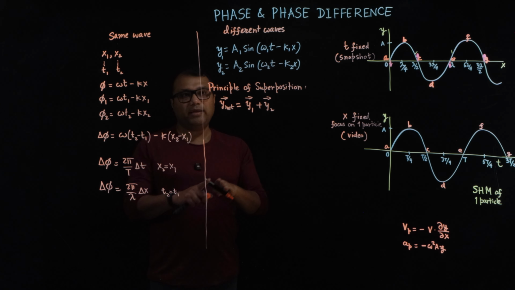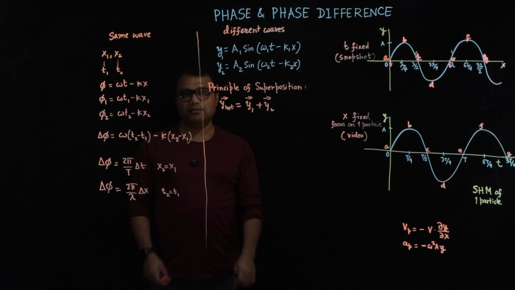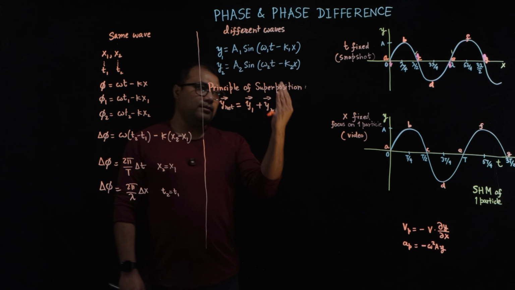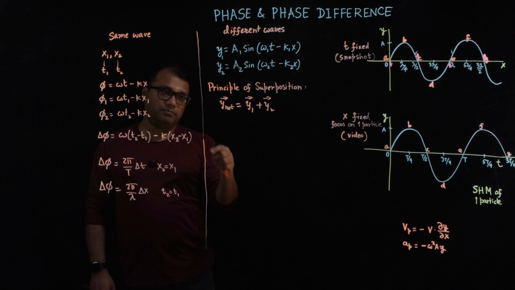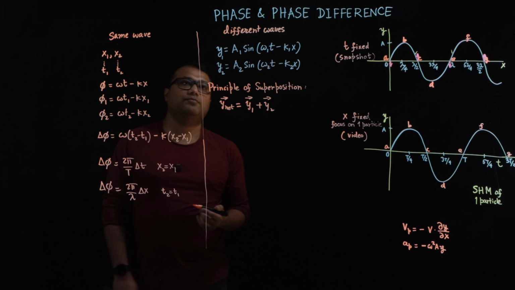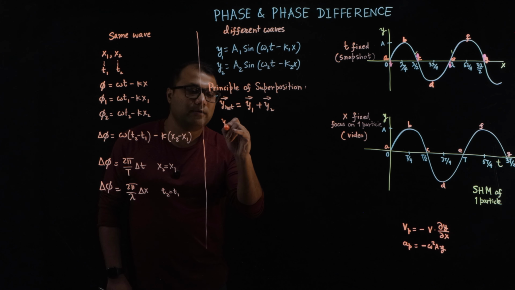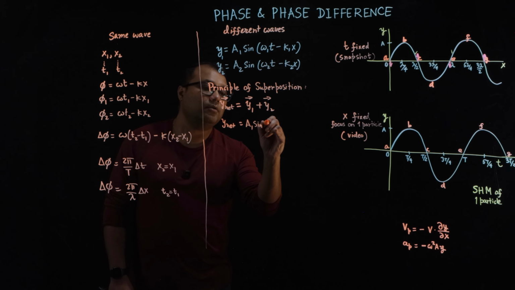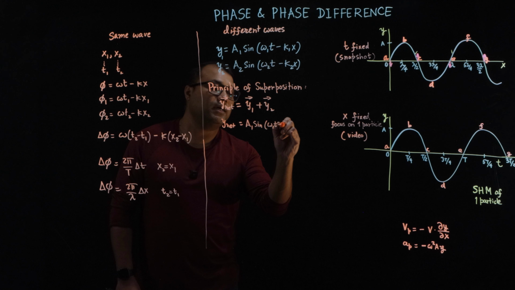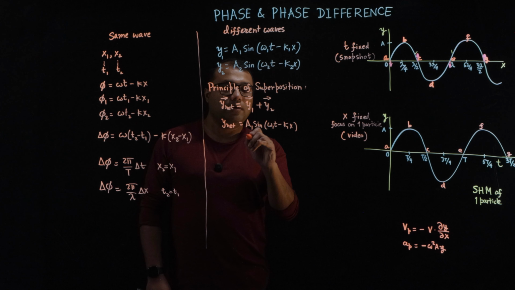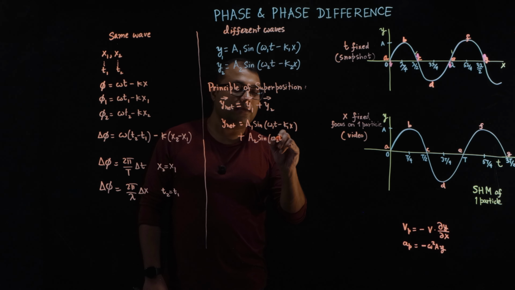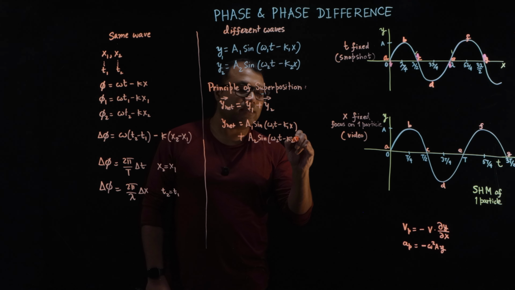Let's say these are collinear waves, which means they are traveling in the same direction or opposite directions, so that the displacements are in the same direction, then it is just y1 plus y2. So y net we will write then as a1 sine omega 1 t minus k1x plus a2 sine omega 2t minus k2x.